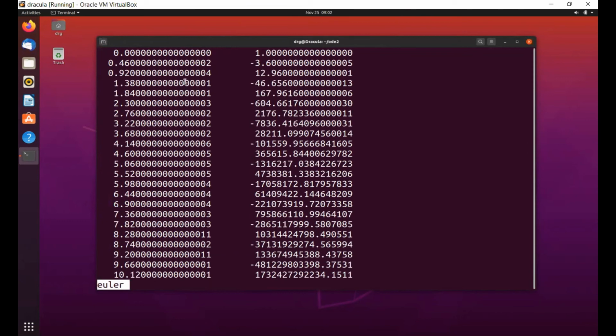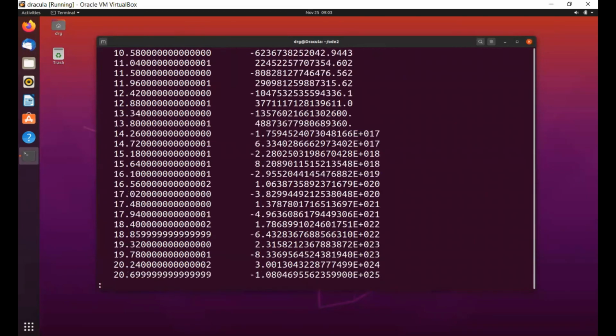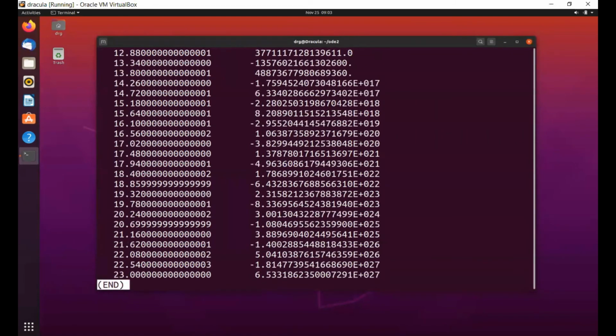I started at t equals 0, doing one step of this method. The computed solution is negative 3.6, whereas it's supposed to be decreasing and getting close to 0. Looking at a few more pages, it's getting gigantic.